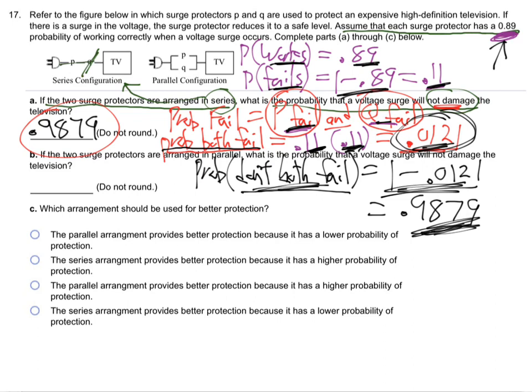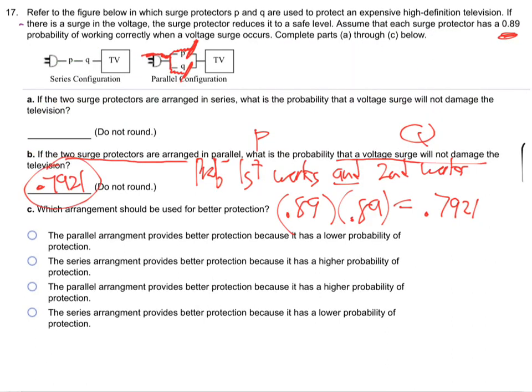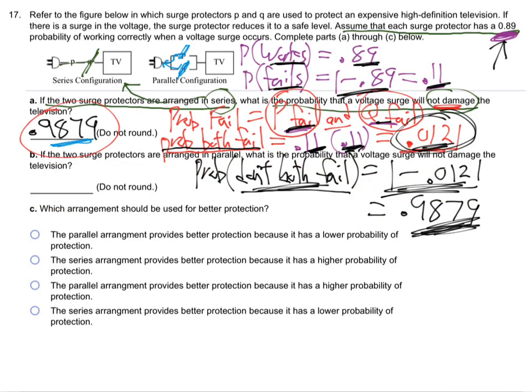But for the parallel setup, they have to both be blocking. If either one of them's not blocking, it'll get through. So that was a lower chance. That was a 79% chance that way will work and protect your TV. And there's a 98% chance if you do it in series that it'll work and protect your TV.